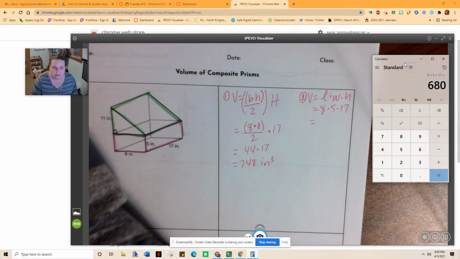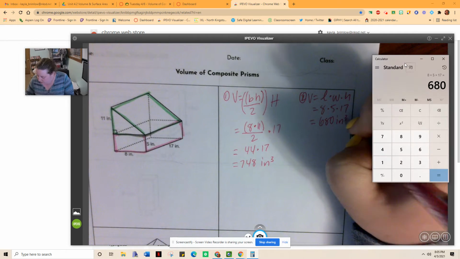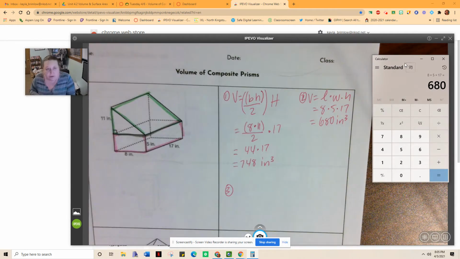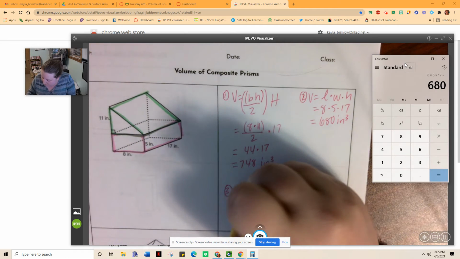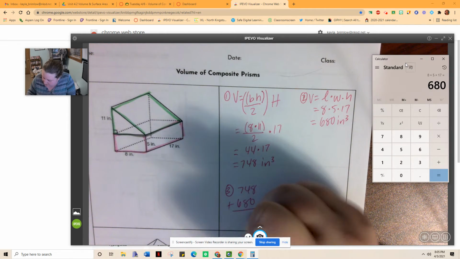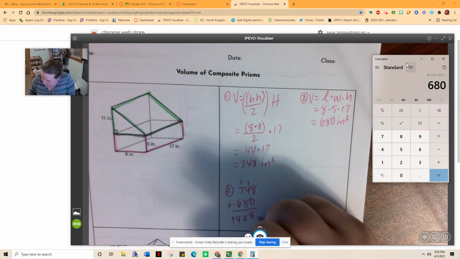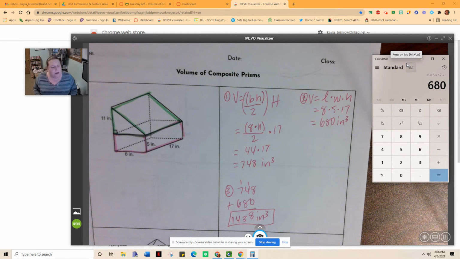So 8 times 5 times 17, and then inches cubed. Step 3 is to add it all together. So we have 748 plus 680. And there we go. It's a total of 1,438 inches cubed.